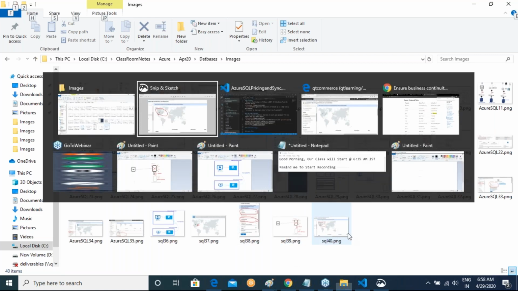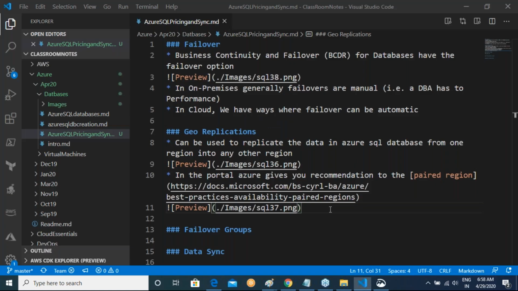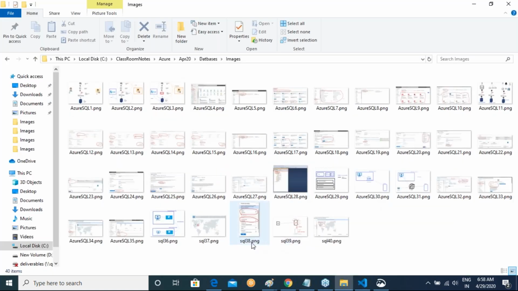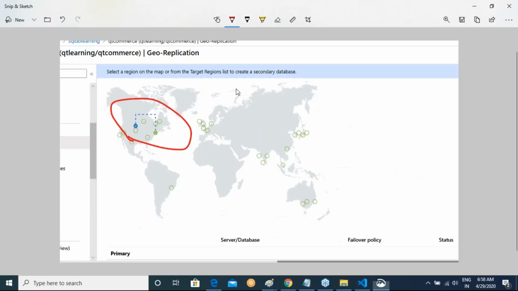Okay, 40. I think I messed up some image numbers. This is 39.